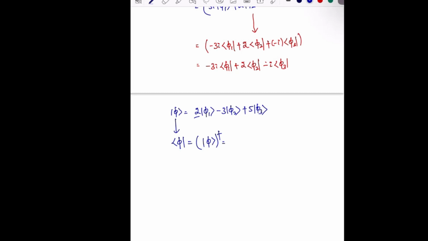Now you are seeing that the constants are real numbers, so there is no i. So this will be simply 2, the ket vector will become a bra, minus 3 phi 2 plus 5, this will be a bra vector phi 3.